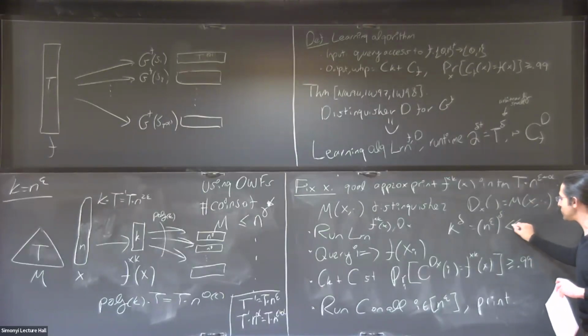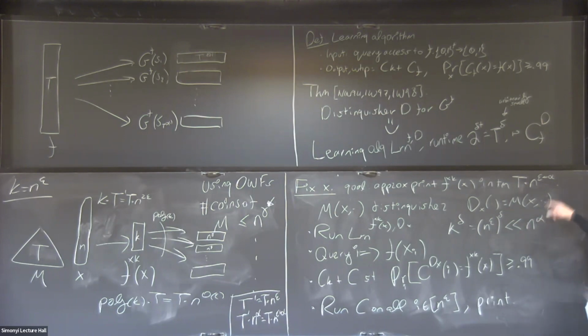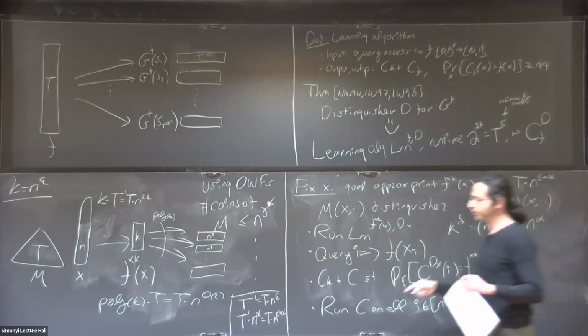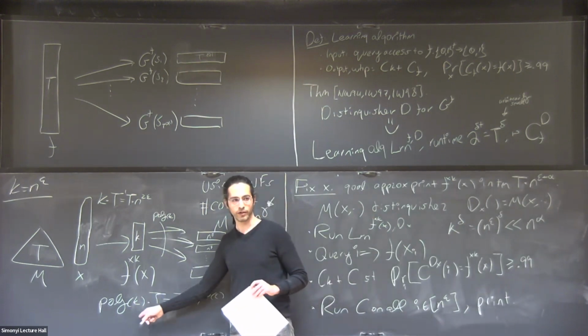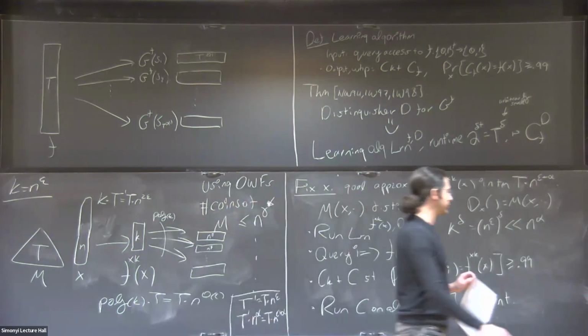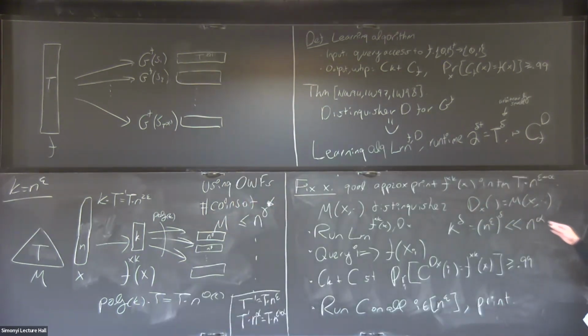In particular, it's much, much smaller than this alpha that we are shooting to save. We are able to get these savings by paying in the parameters of the PRG, paying in the poly k over here, which we don't care about. The bit to remember here is that the learning algorithm is super fast. It is in time much smaller than k, and in particular much smaller than n to the alpha, our savings.